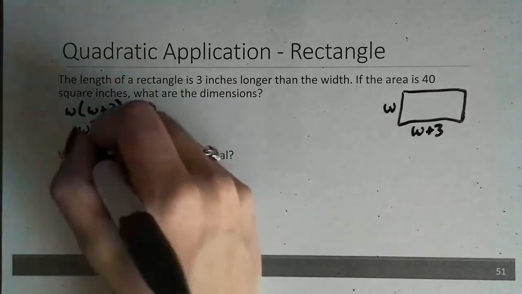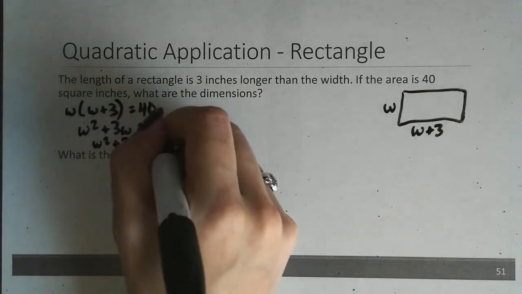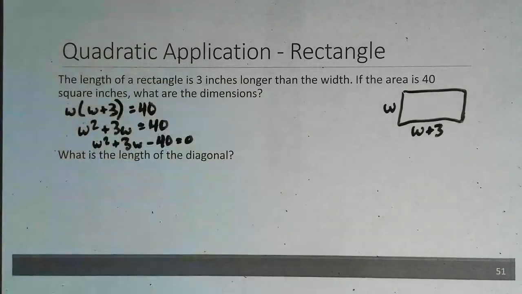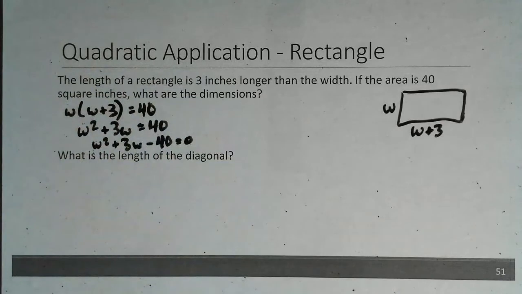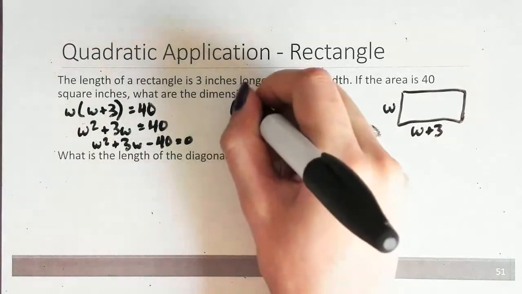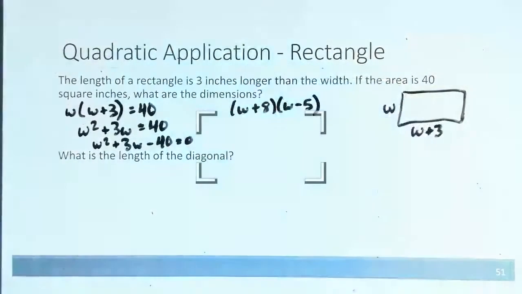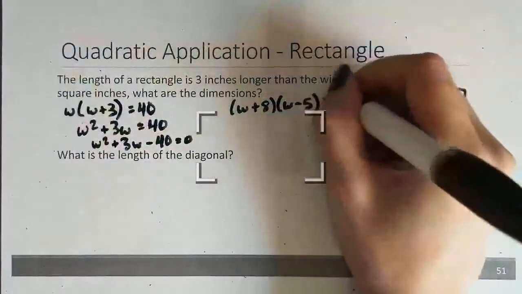I can subtract the 40 over. That'll give me W squared plus 3W minus 40 is equal to 0. That looks like something I'm going to be able to factor, because it is. I can factor that into W plus 8 times W minus 5, and that's going to be equal to 0.